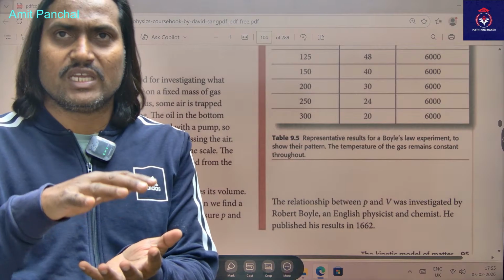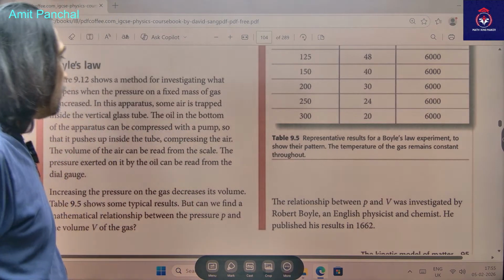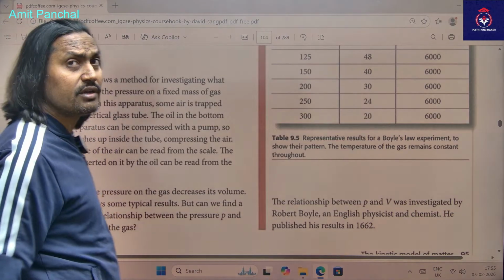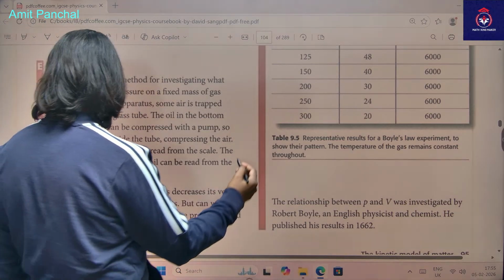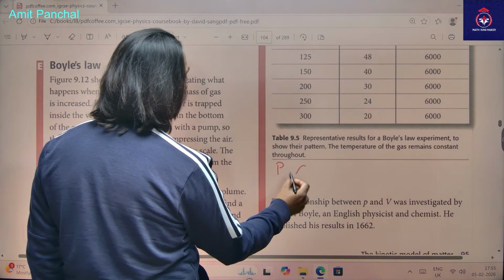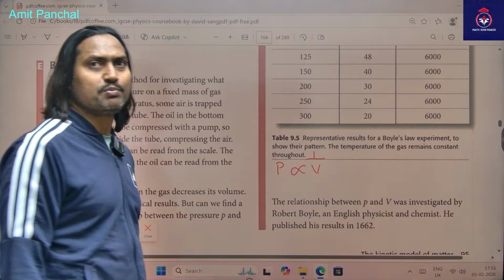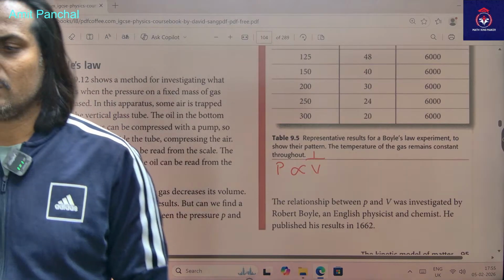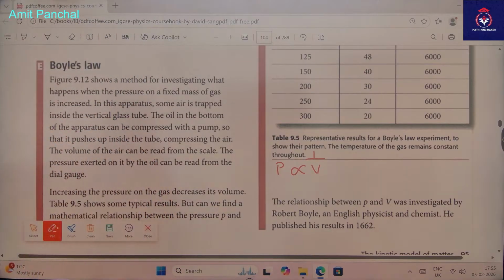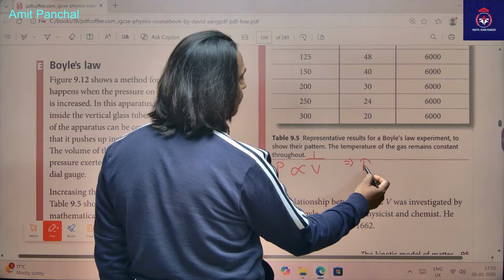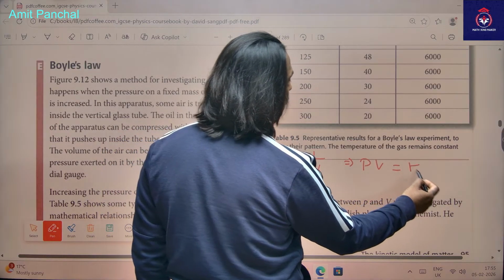So what is happening to the volume? It decreases. So that means P is inversely proportional to V, isn't it? If you increase P, V will be less. If you decrease P, your V will be more. So that means PV will be a constant.